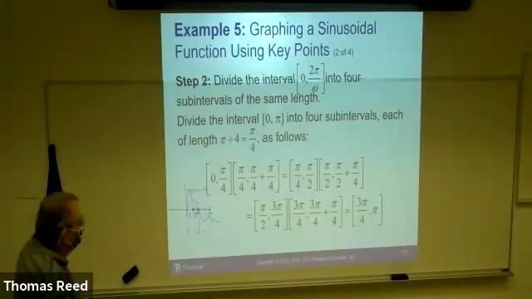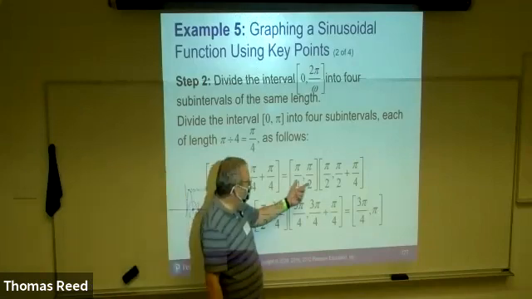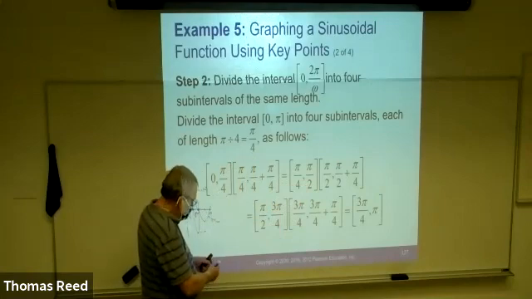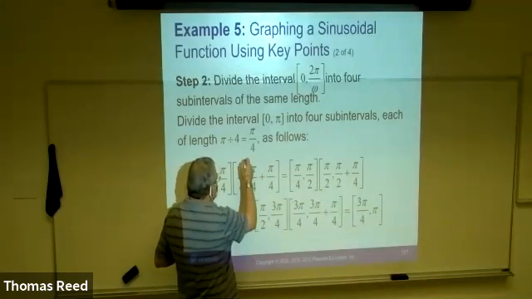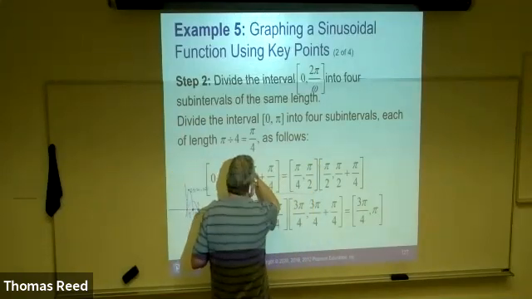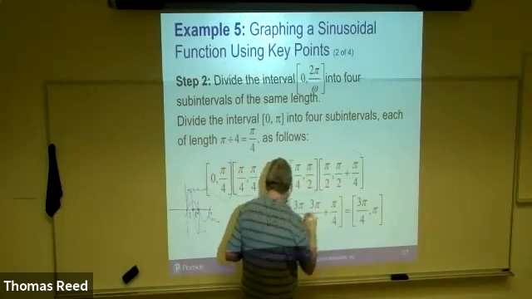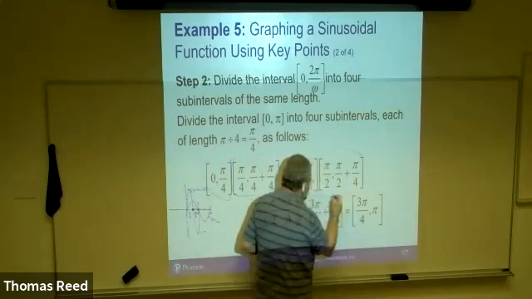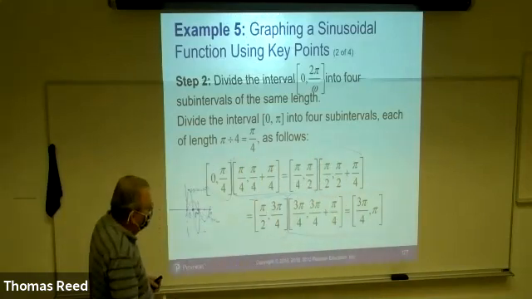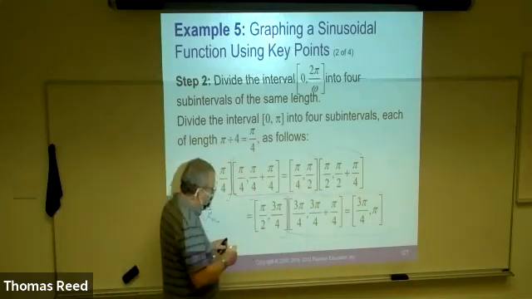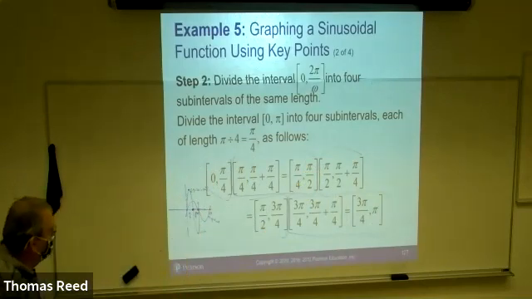Oh, okay, I see what they're doing. These are the intervals. They didn't separate them out better. So this is the first interval they're talking about, here's the second interval, and now this one is the third interval, and this is the fourth interval. They should put a comma between them or something to split them up.